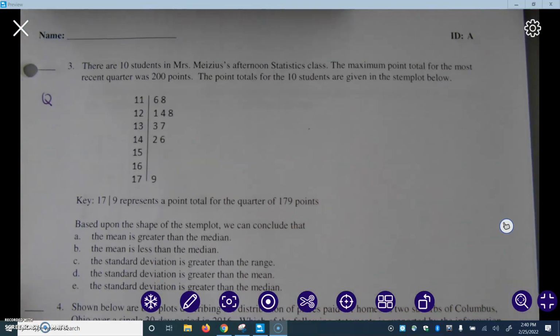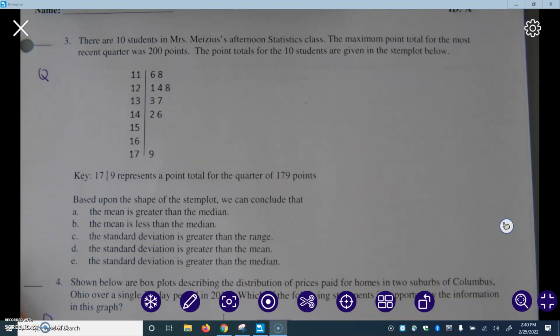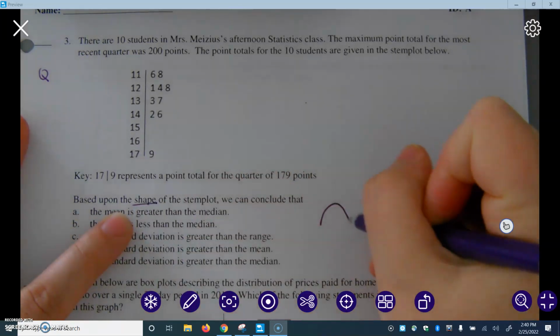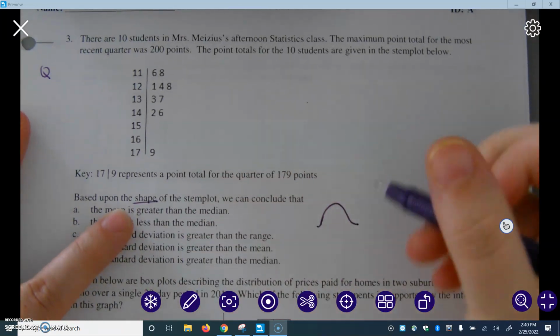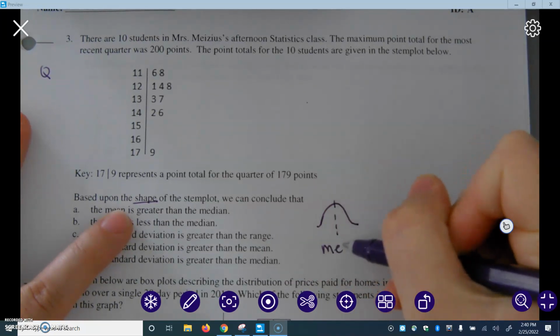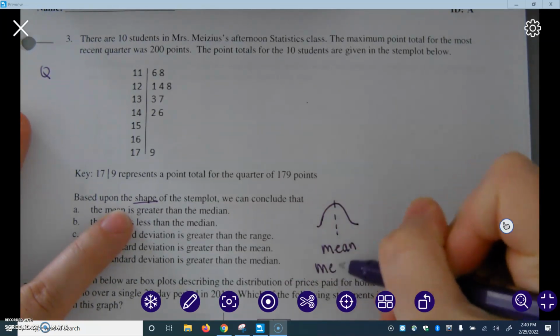All right, read question number 3 and pick the best answer. So when you're deciding how to compare the mean and the median, it's based on the shape. So in a normal curve, normal data, your mean and your median are going to be about the same.